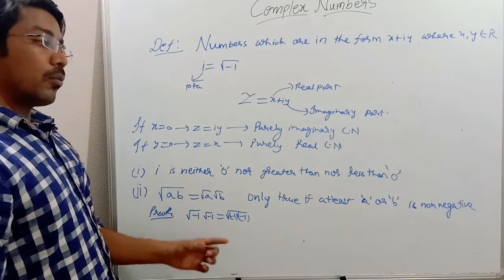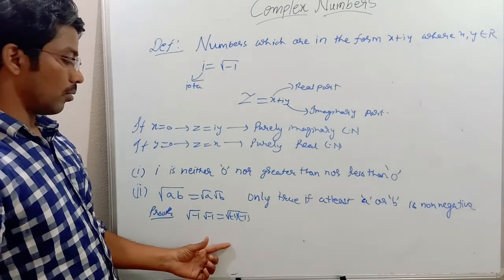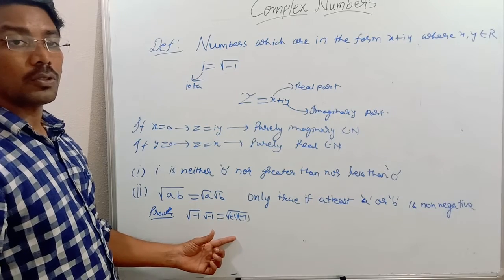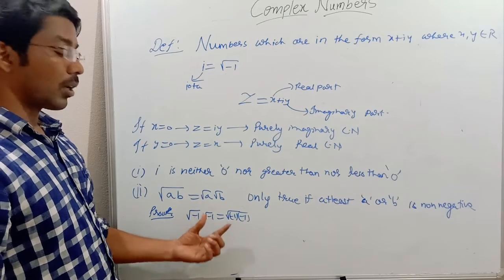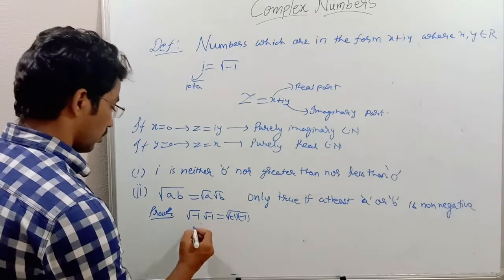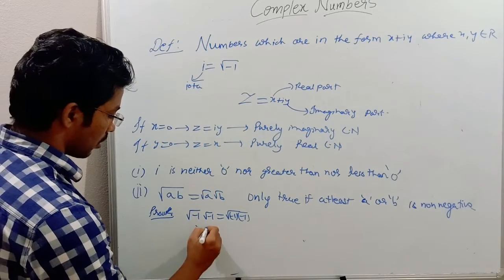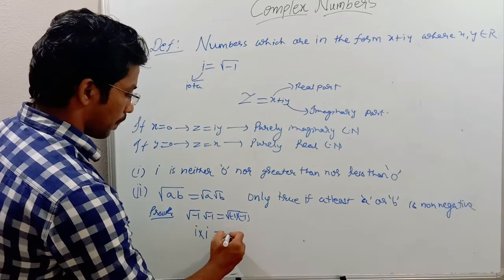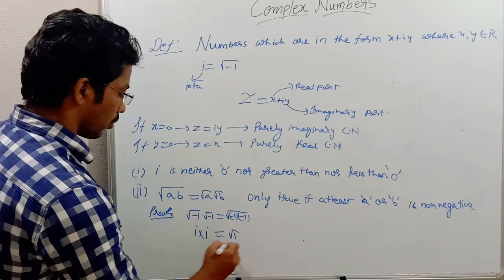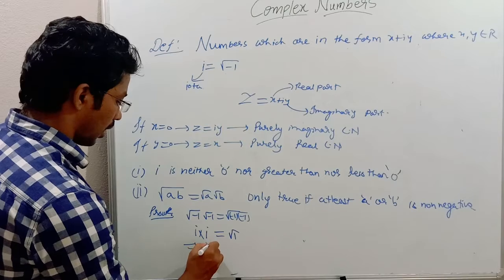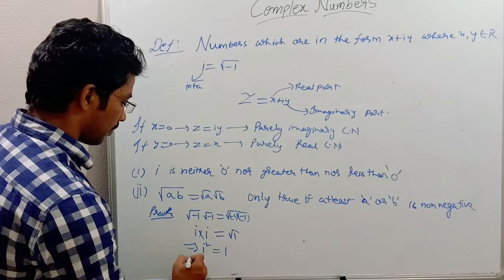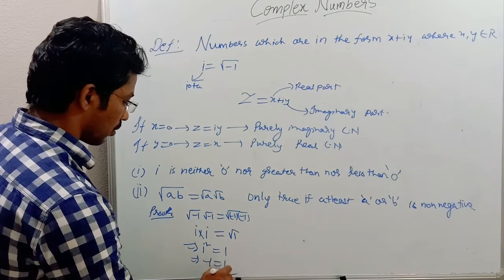So if I take both negative, we are going to see whether it is applicable when both are negative numbers. So square root of -1 is iota. Next, -1 into -1, square root 1. So this becomes i square is equal to 1, -1 is equal to 1.